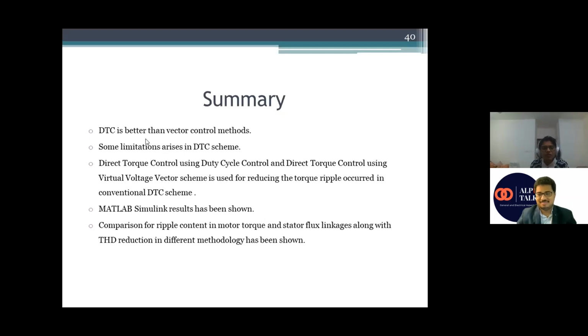But there are some limitations in DTC: torque ripple, flux ripple, THD problem, variable frequency problem. To overcome all those problems, we have used some proposed methods, and we saw that those problems are really overcome by these. All these results are taken through MATLAB Simulink only, and the results have been compared.